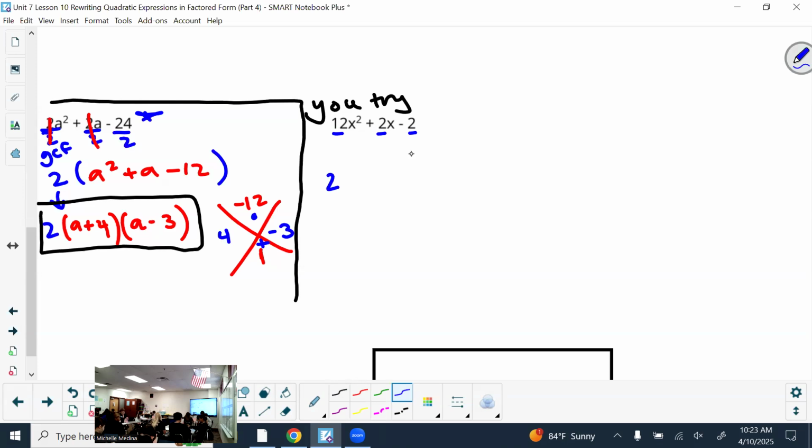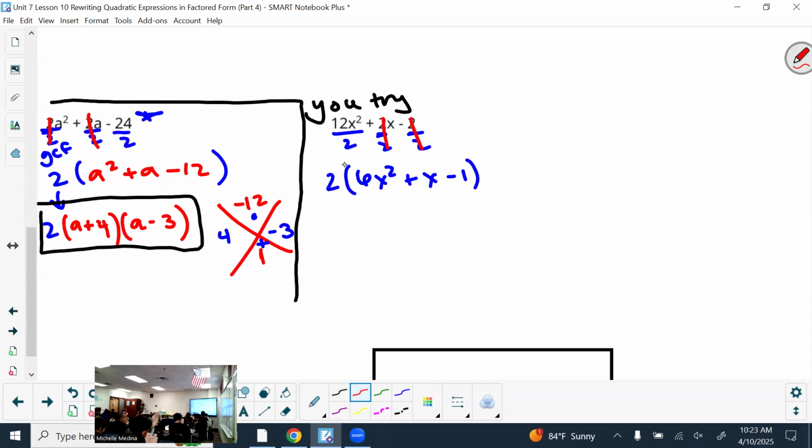So no GCF between the variables. Just my GCF is 2 right now. That makes me rewrite it like this, with my parentheses being 6x squared plus x minus 1. Okay, so GCF on the outside, these canceled. This is what it looks like at this step.